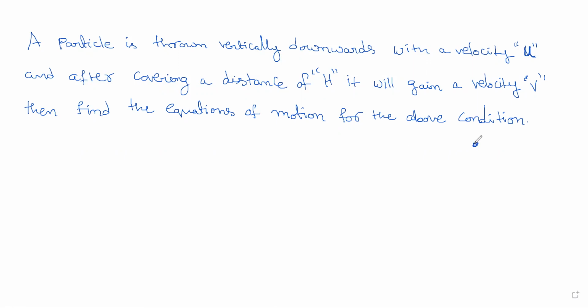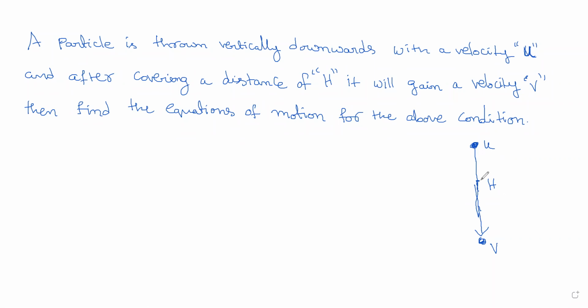Now, what did they tell? There is a mass. It is projected downwards with a velocity u. And after traveling a distance of h, that means traveling a height of h, it gained a velocity v. Why is it gaining velocity? Because acceleration due to gravity is acting downwards in the same direction of velocity.